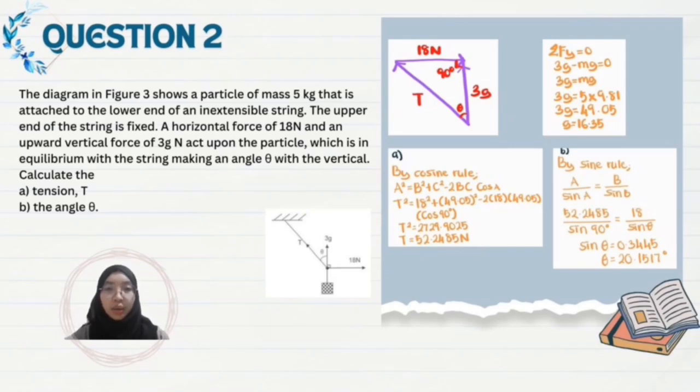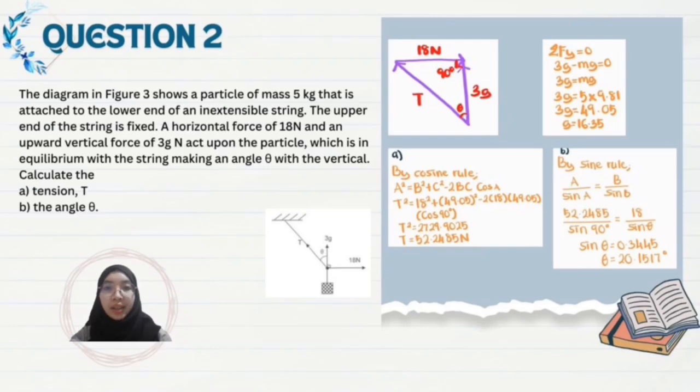T square equal to 2729.9025. Therefore, T equal to 52.2485 Newton. Question B. Calculate the angle theta.